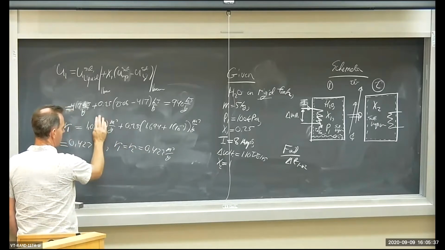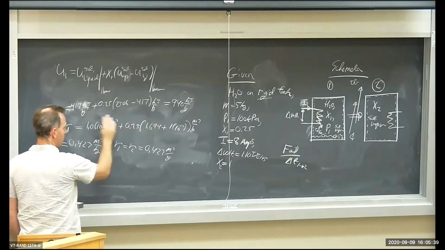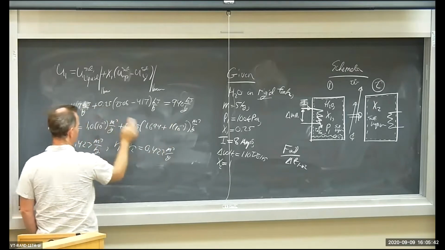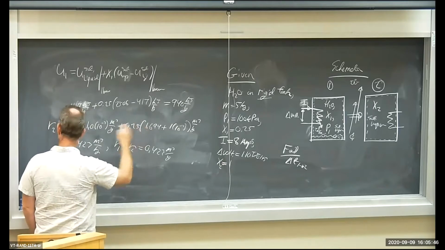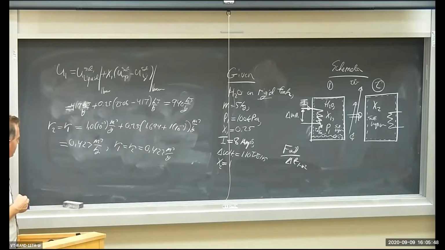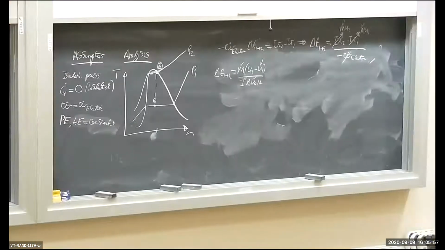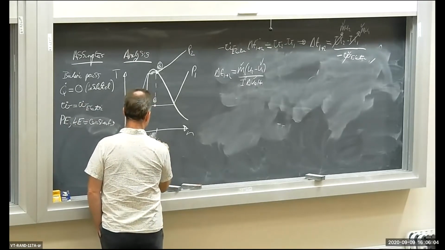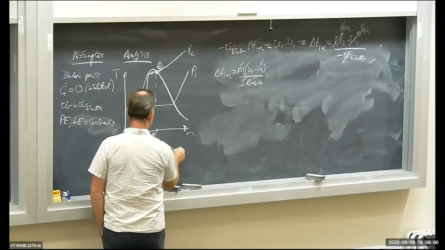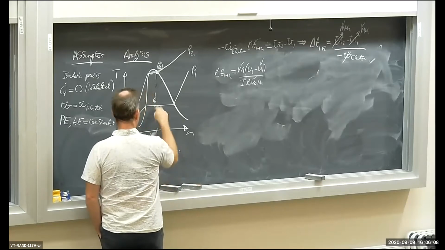I neglected the specific volume for the saturated liquid, very small, and I just did 0.25 times 1.694, the specific volume of the saturated vapor, and I get 0.42 cubic meters per kilogram. So we know this is an isochoric process. V1 equals V2 equals 0.42 cubic meters per kilogram.